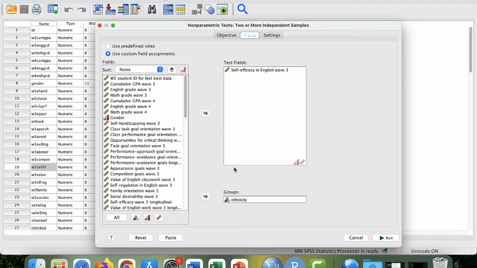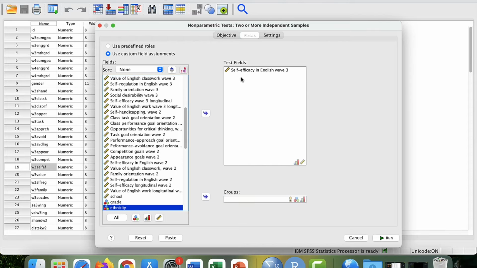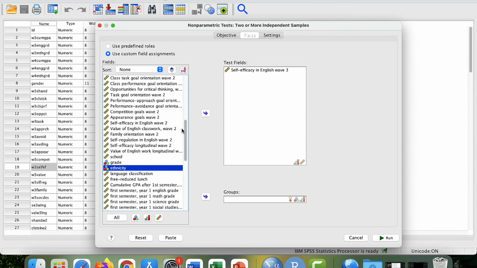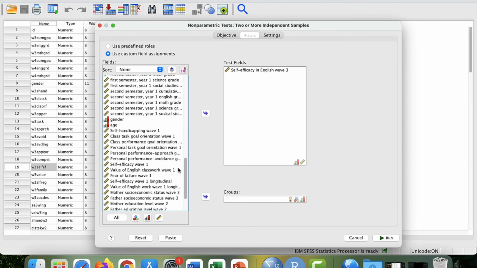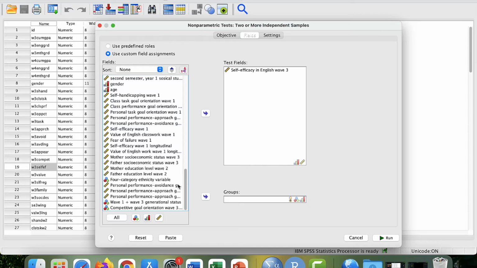The fields: we want to use self-efficacy as our dependent variable, and we want a categorical variable with more than two categories. So let's look at this. This is wave 1 plus wave 3 generational status.